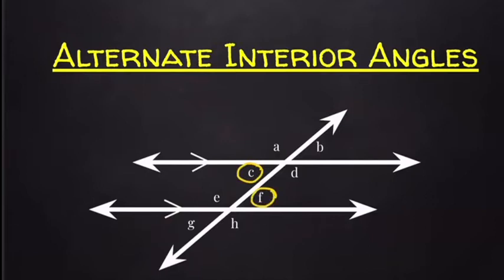As you can see, angle C is on the left side of the transversal, angle F is on the right side of the transversal, and they are inside the parallel lines, interior. These are the parallel lines, and there are the angles in between or inside the parallel lines. Okay?